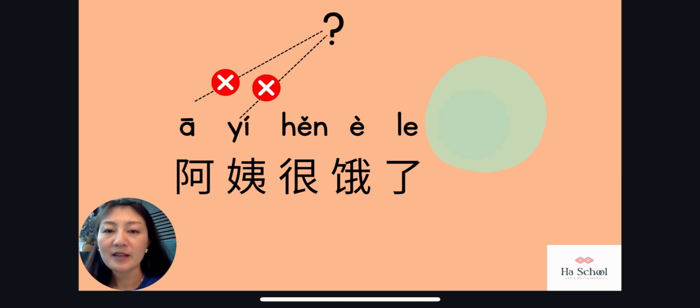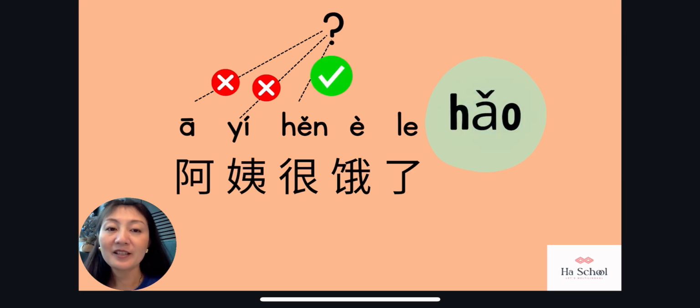No, it doesn't sound the same. How about the third one, 很? 好, 很. Yes, it's a third tone. So, 好 is a word I hear and I don't know which tone it is. I use the strategy 阿姨很饿了 to know that 好 is actually the third tone.